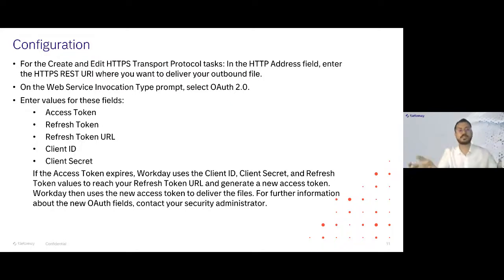If this access token expires, Workday uses the client ID, client secret, and refresh token value to reach your refresh token URL and generate a new access token. Workday then uses this new access token to deliver the files.